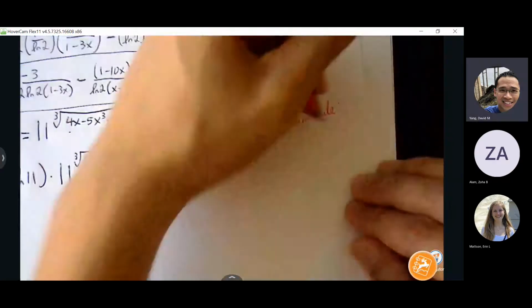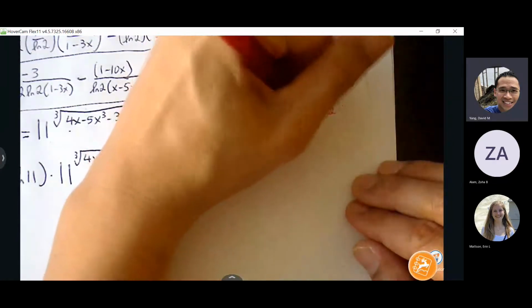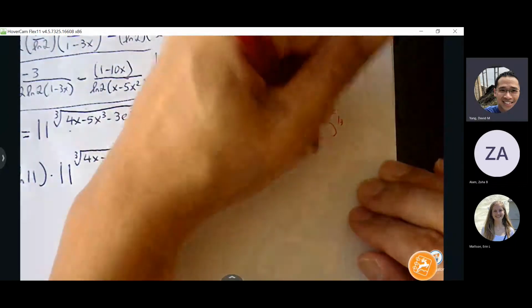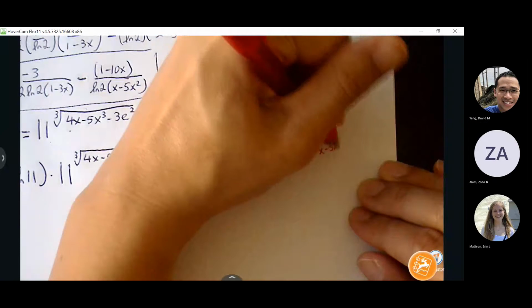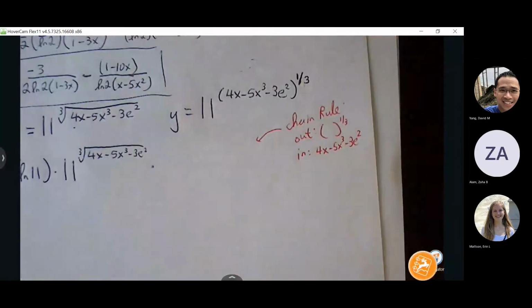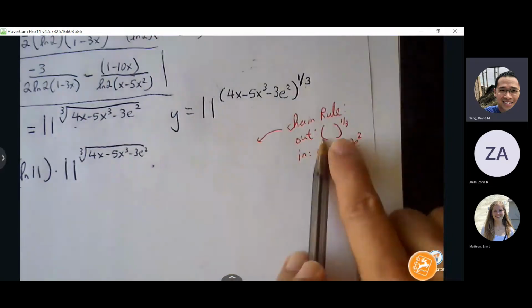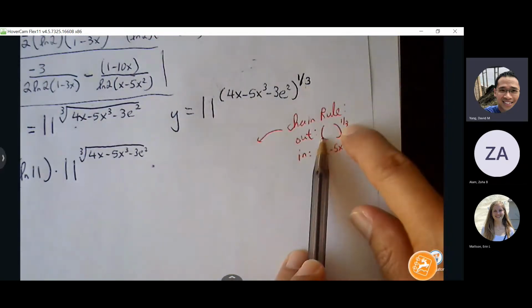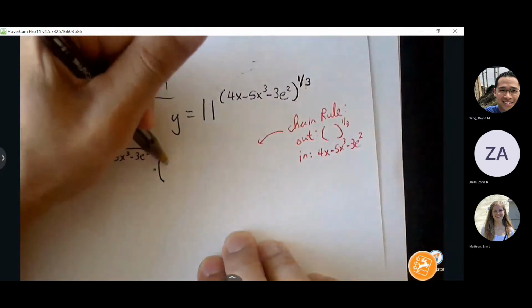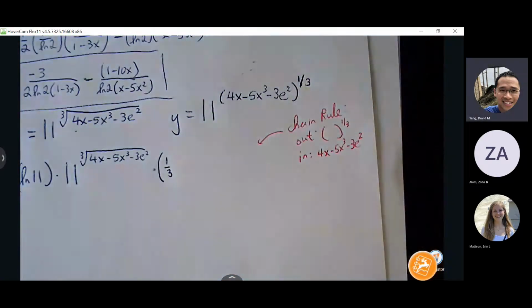It's going to be a little bit long here because we have to deal with this outside portion and the inside portion. So outside derivative is 1/3 parentheses to the negative 2/3. So all that's going to go here, and the parentheses outside.